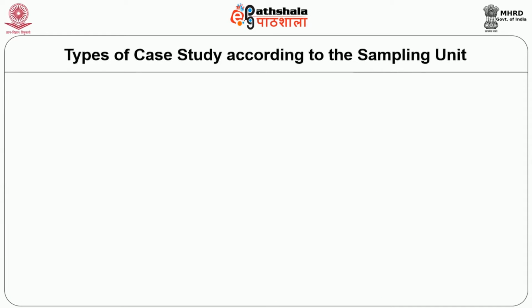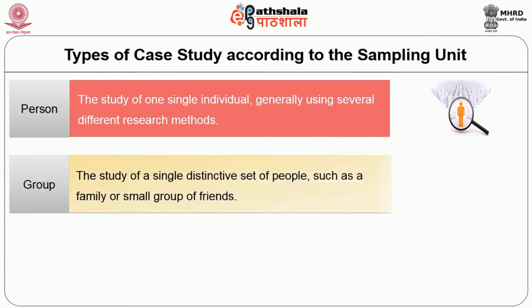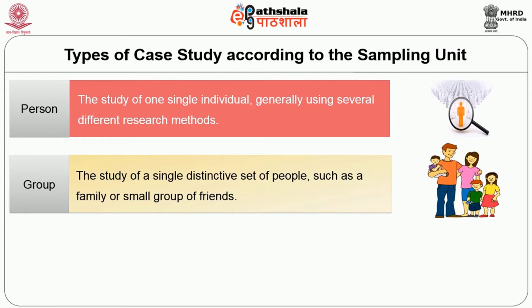Types of case studies according to the sampling unit. The sampling unit can be a person, the study of one single individual, generally using several different research methods. The sampling unit can be a group, the study of a single distinctive set of people, such as a family or small group of friends.